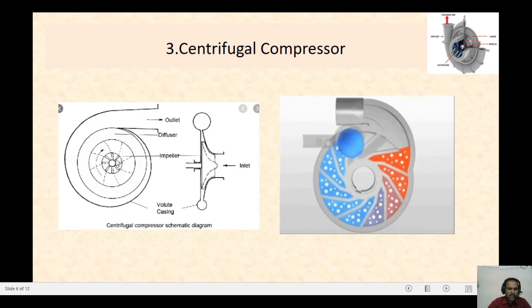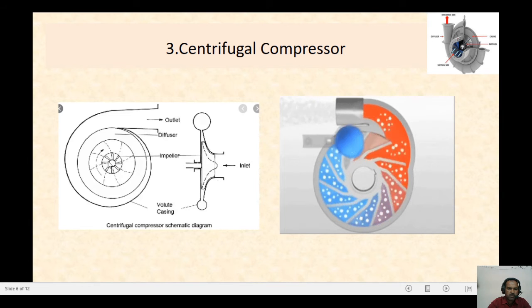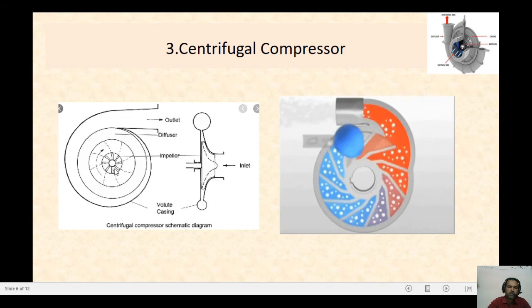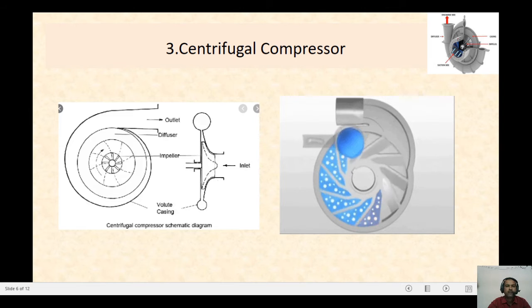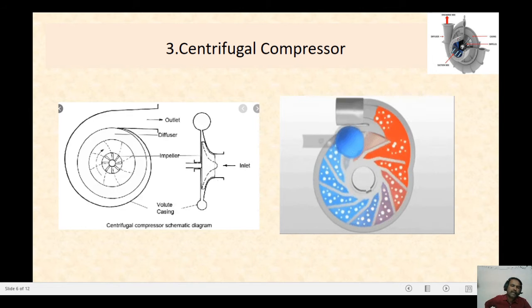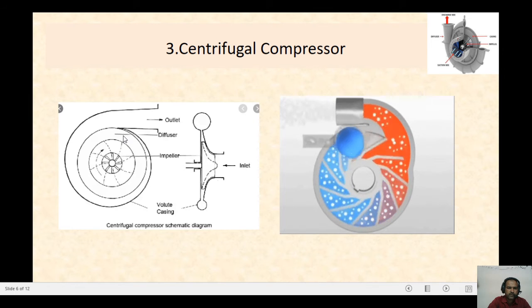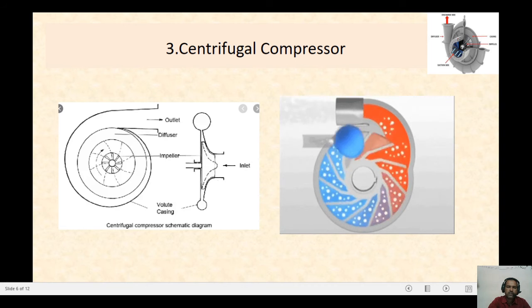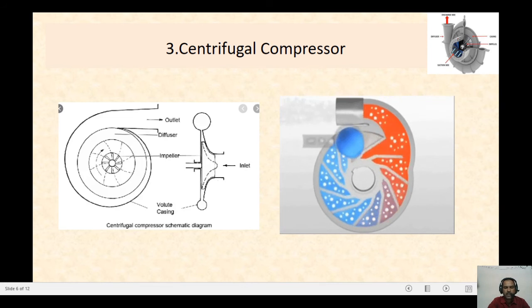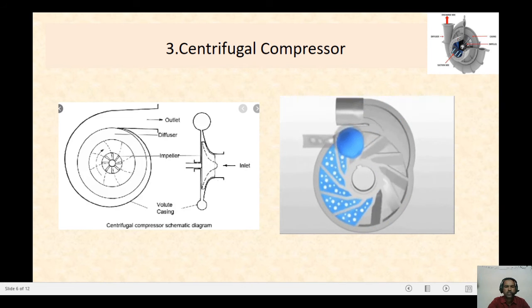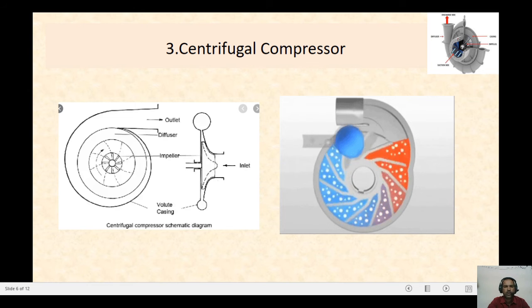A number of impellers are connected, and the main function of the impeller is to produce high velocity of the air with the help of kinetic energy. And next, what do you mean by diffuser? What is the main function of this diffuser? The diffuser is used to convert the low pressure into high pressure, and also the high velocity into low velocity.